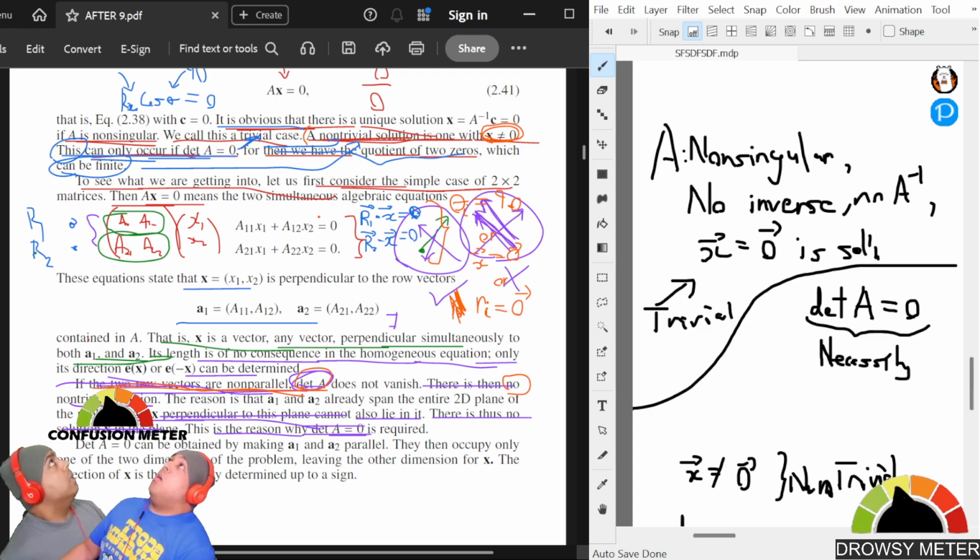If it was parallel, these two rows would be the same. Yes, so the determinant would be 0. So that way it needs to be non-parallel. If they're non-parallel, the determinant exists because we have different numbers, so it's not the same.